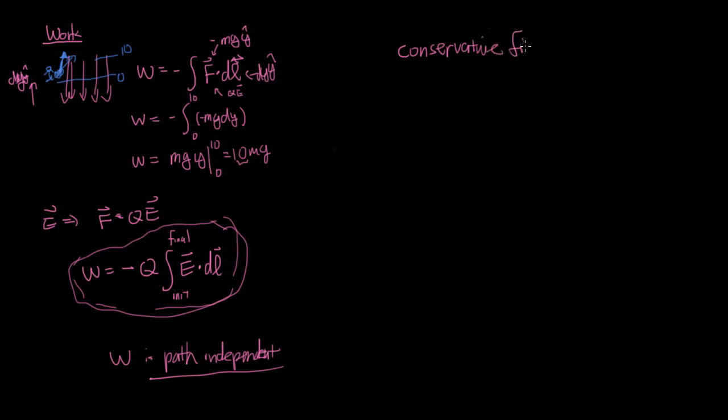So a conservative field, I also want to define this term. A conservative field is the same as saying that it's path independent for purposes of calculating things like work.